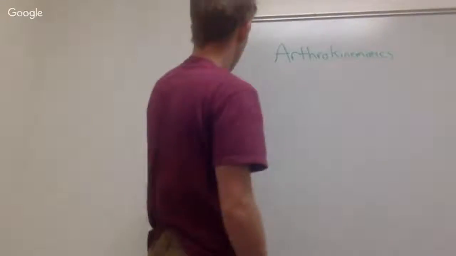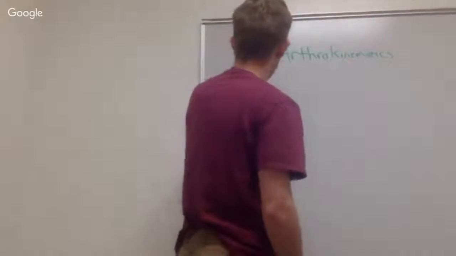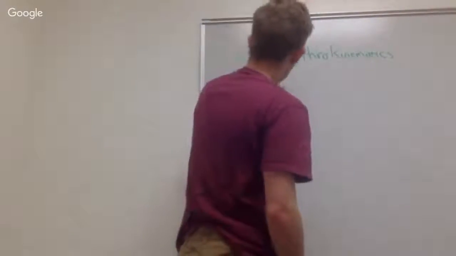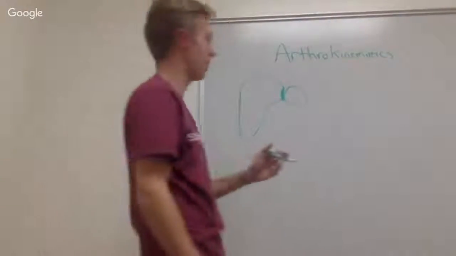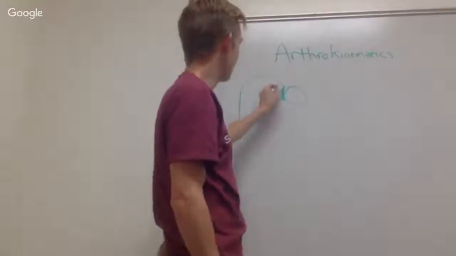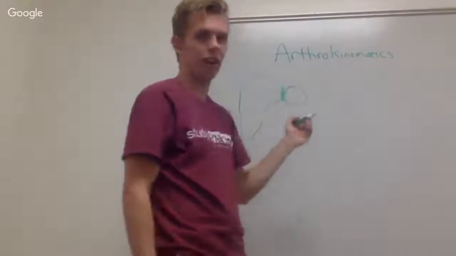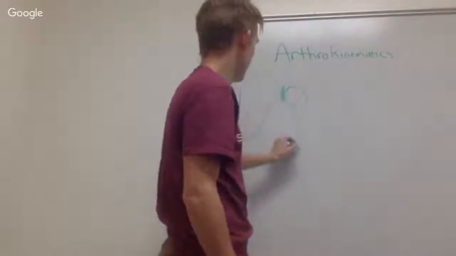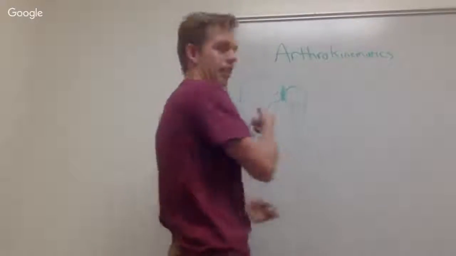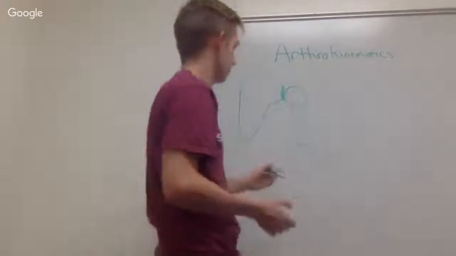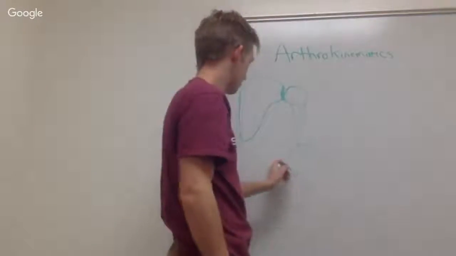I'm hesitant to draw pictures because I'm not very good at it. That's pretty bad. But right here at the scapula, glenoid fossa, definitely a cave. And then the humerus, it's a ball and socket joint. That's definitely convex.